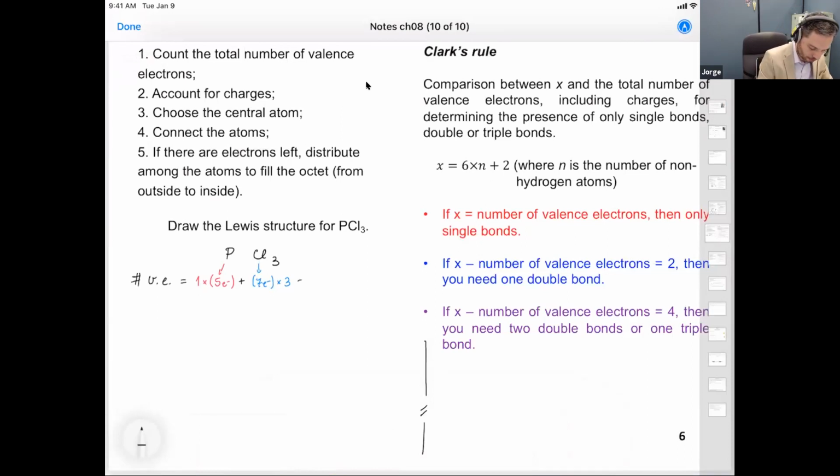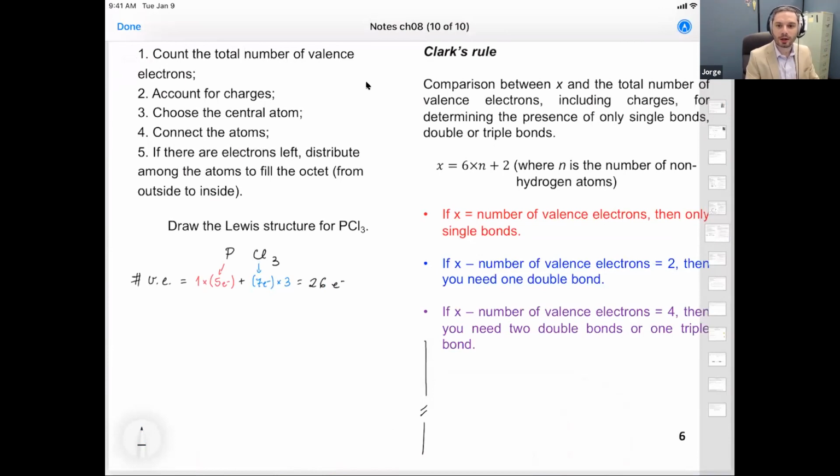So that's 7 times 3 is 21, plus 5, that is 26 electrons. This is the total number of electrons that will be used to connect the atoms and, if there is any left over, to complete the octet for all the elements in the structure.